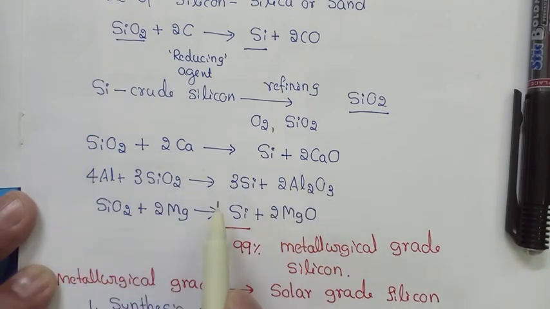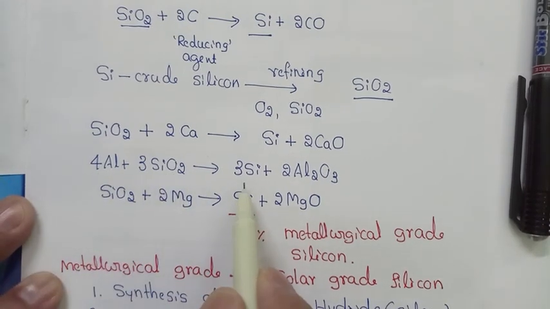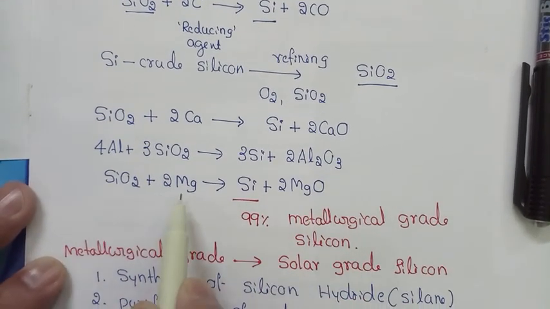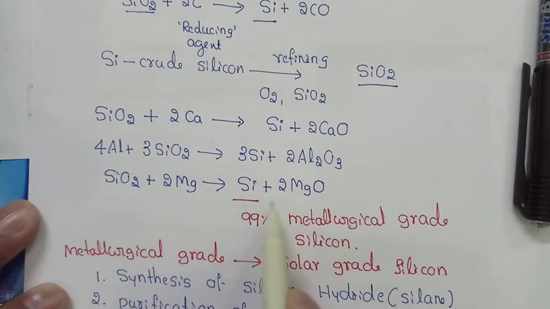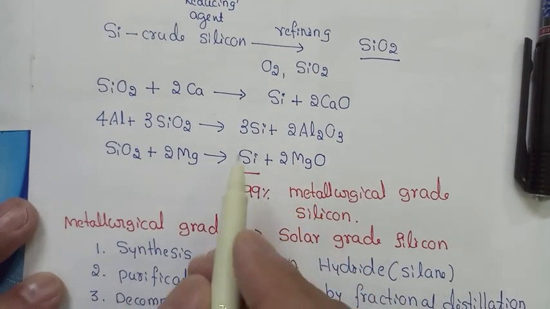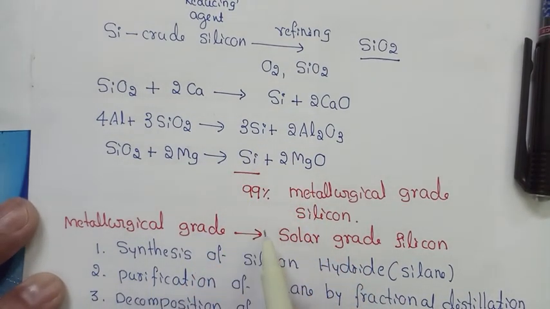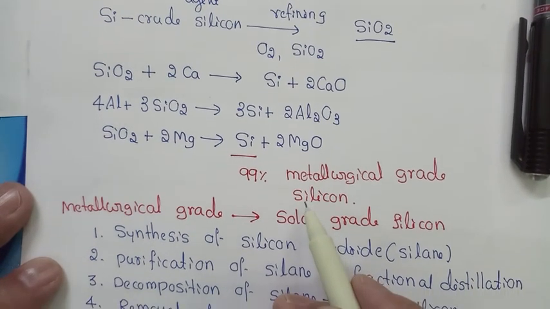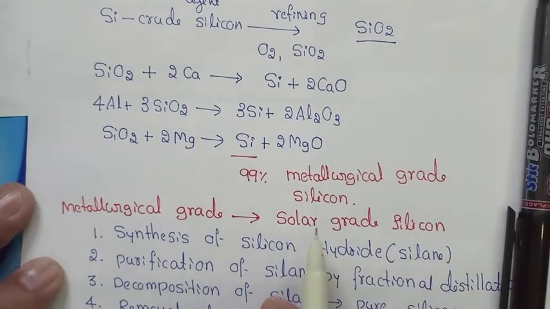This is how we can purify. With aluminum it gives silicon and aluminum oxide, and with magnesium it gives silicon and magnesium oxide. The silicon obtained here is 99% pure, and it is called metallurgical grade silicon.